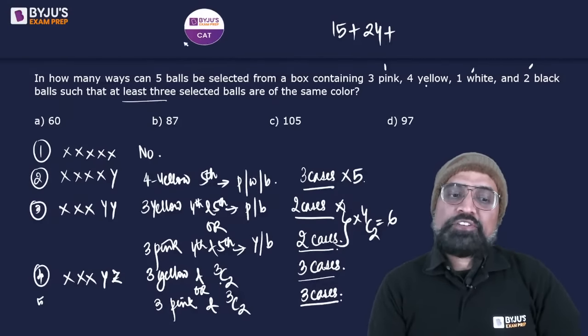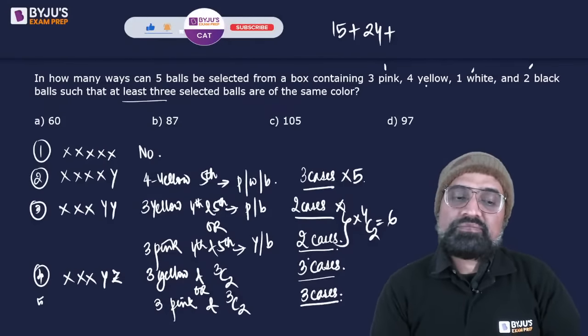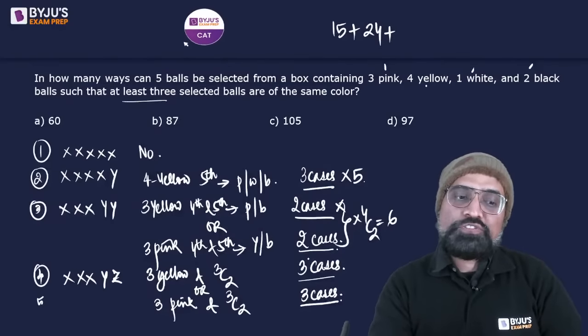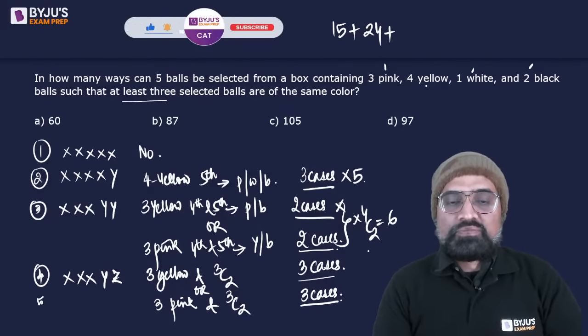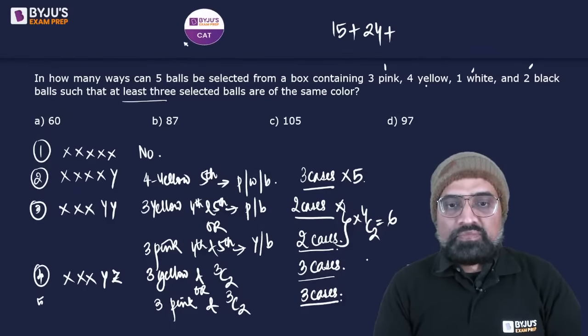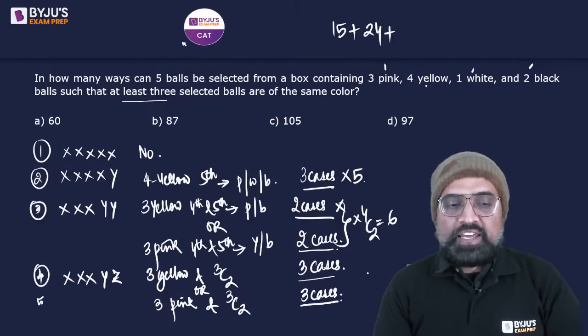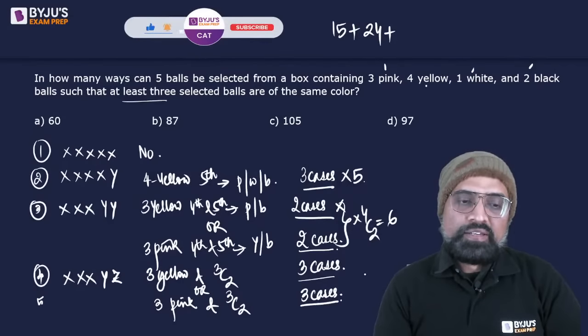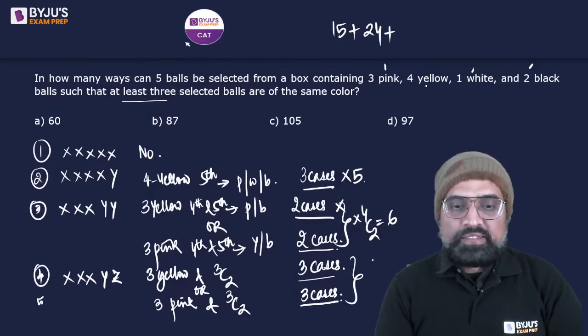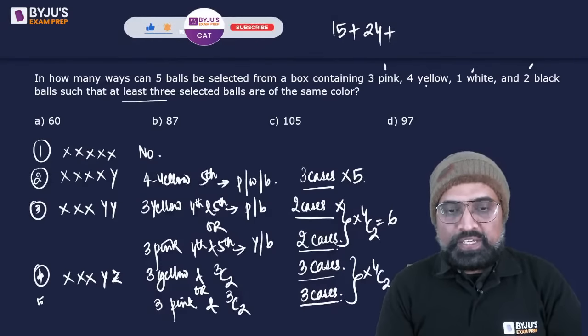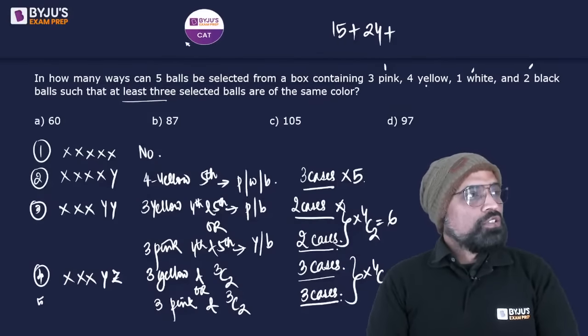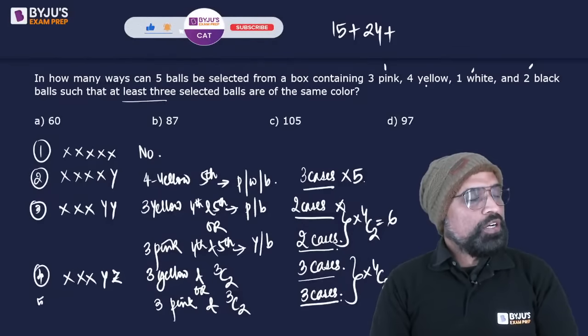Next, if we have 3 yellow and the other 2 balls are of different colors, we can have them in 4C2 ways. So we don't have to arrange.